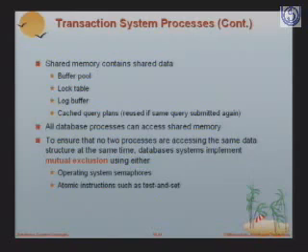Shared memory contains shared data: the buffer pool, lock table, log buffer, and cached query plans, which are reused if the same query is submitted again. All database processes can access shared memory.